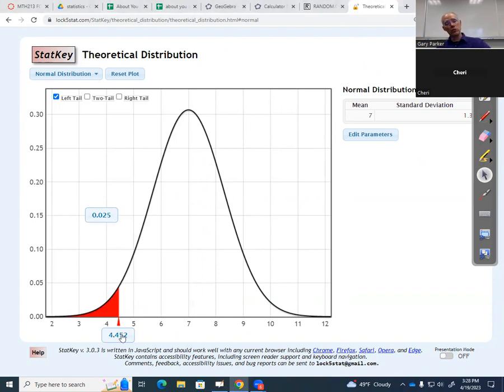The percentile always looks for the percent below. And what this is telling me right here, it defaulted to 2.5%, right? 0.025 as a decimal would be 2.5 as a percentage. So hours of sleep of about 4.452 per night would put somebody in about the second or third percentile.